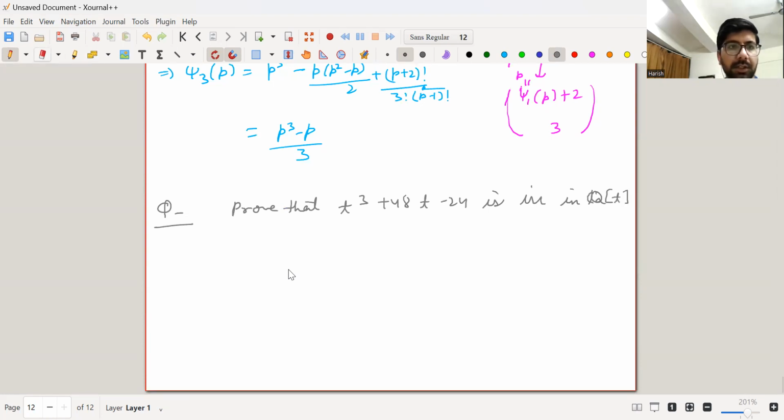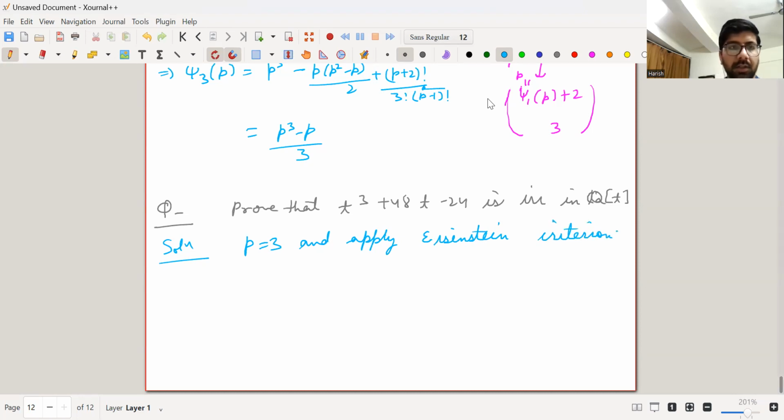Can you just say why it is? Yeah, not t equal to 3. You need to take p equal to 3 and apply the Eisenstein criteria.